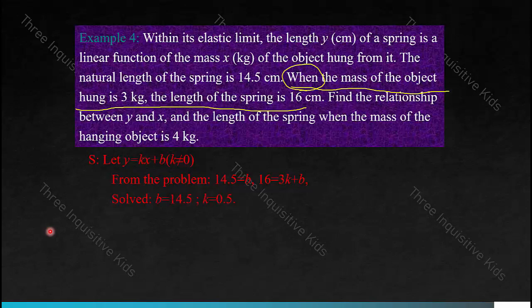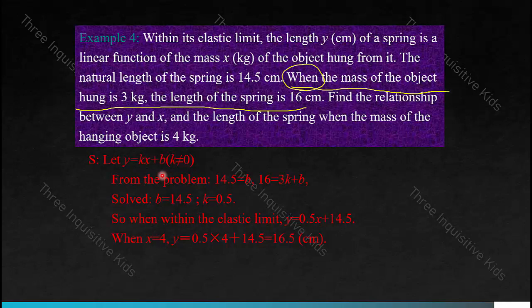Solving, we know b is equal to 14.5 and that k is equal to 0.5. Then we can plug these 2 values back into the original equation. So when it's within its elastic limit, we know y is equal to 0.5x plus 14.5.